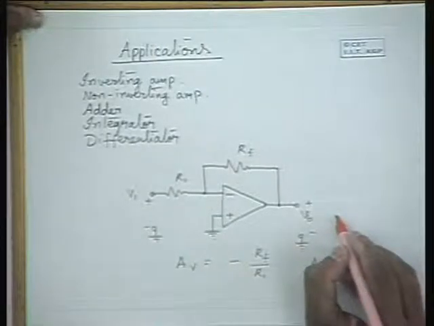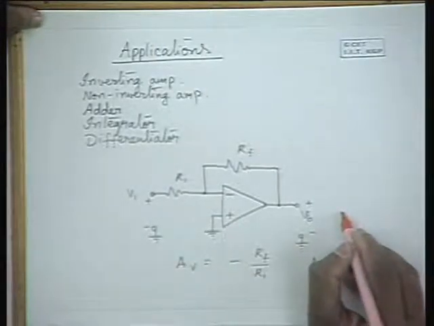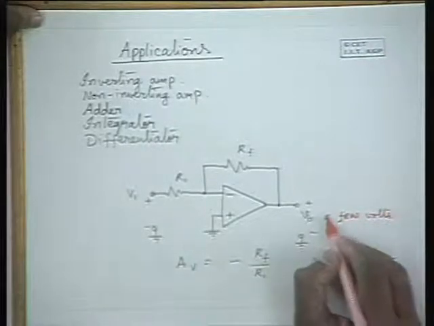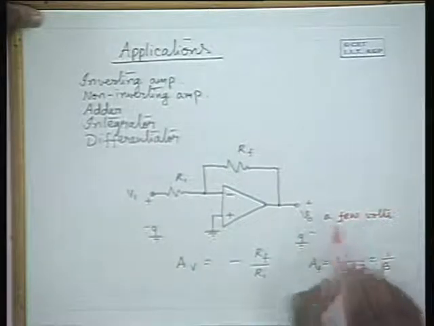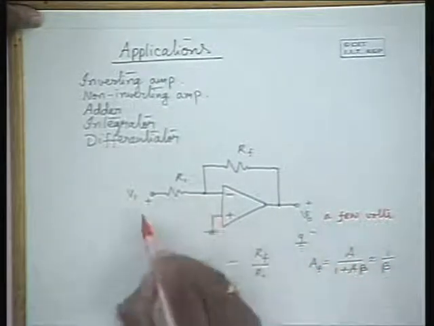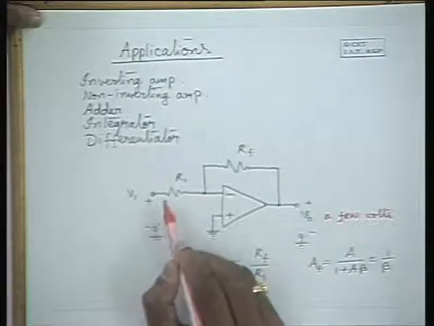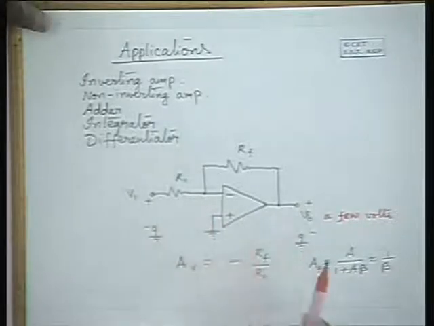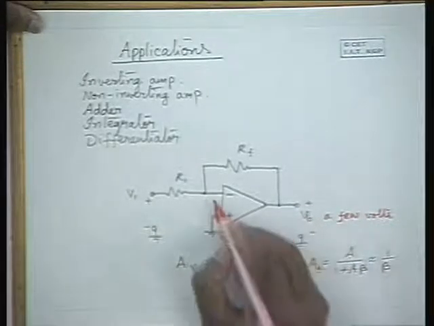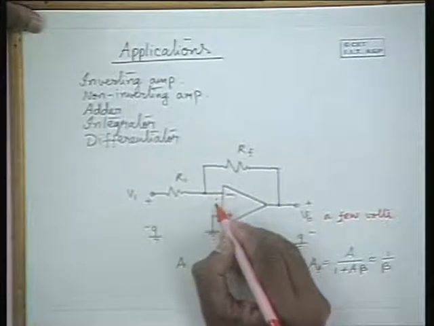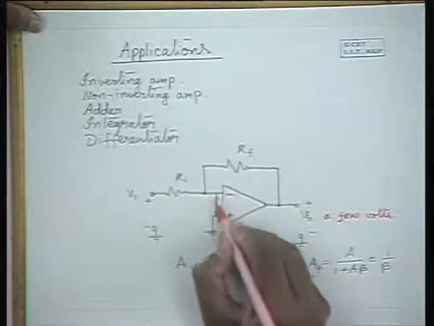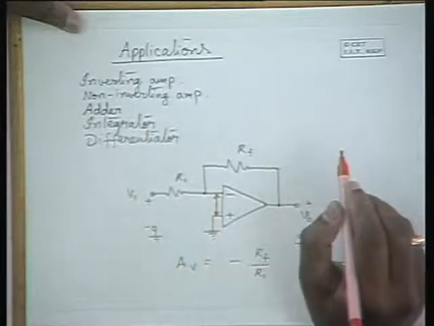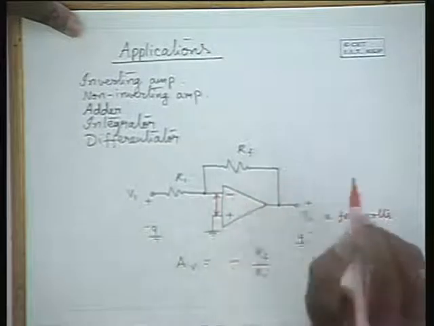When the output voltage is reasonable, that means when it is of the order of a few volts and not saturated, and the input voltage is of the order of some millivolts or volts, then the voltage you find across these two input terminals is negligibly small.